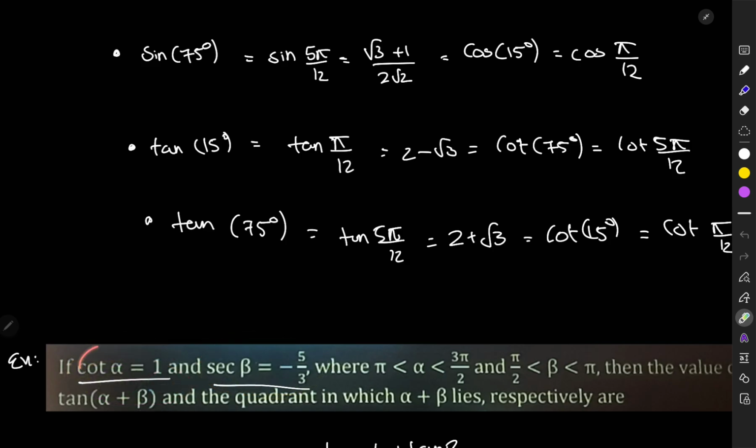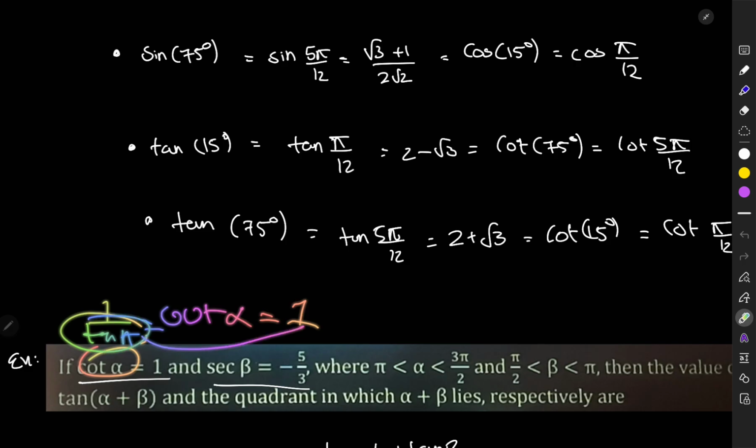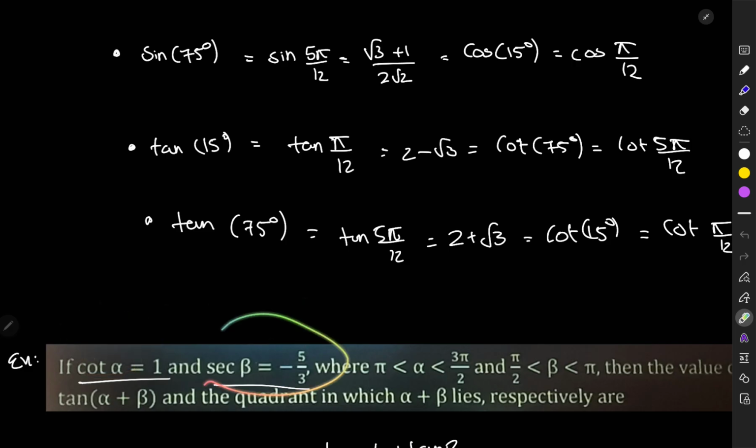See, cot is 1 by tan, right? So cot alpha is equal to 1, and I can say tan is basically equal to 1. So we can use the triangle formula and find tan for this, which is 4 by 3, right? So tan beta is equal to 4 by 3.